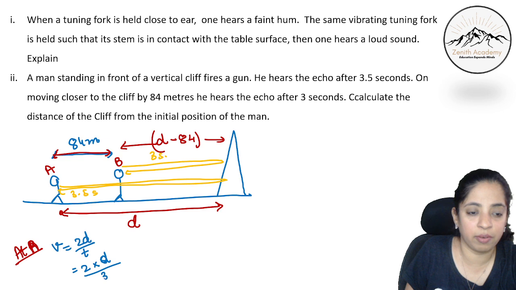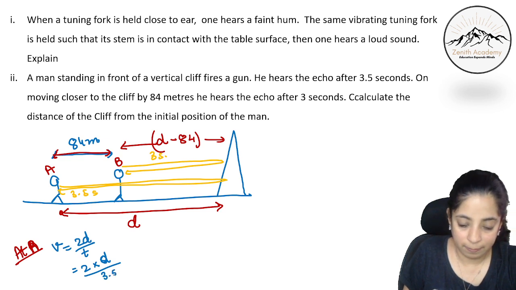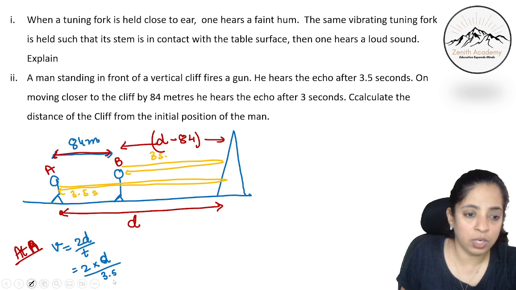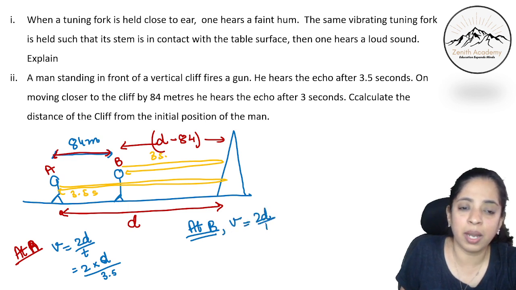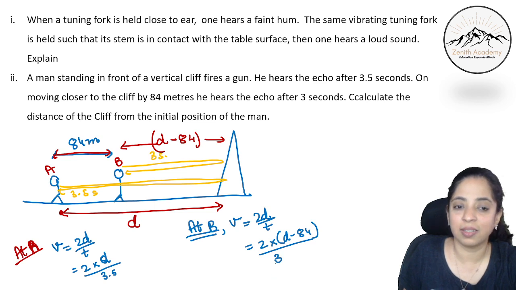Time is 3.5 seconds. So 2D upon 3.5. Now at position B, what will be the velocity? Velocity is again 2D by T. So 2 into, now how much is the distance? D minus 84, upon time, which is 3 seconds.